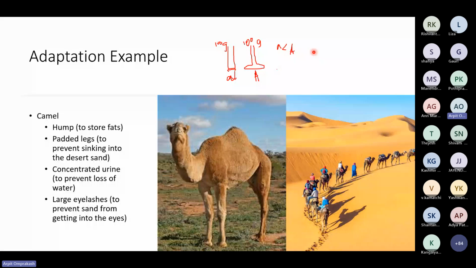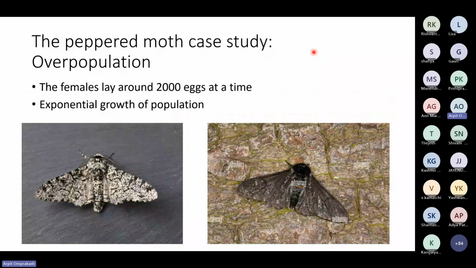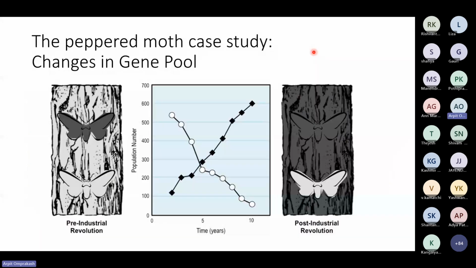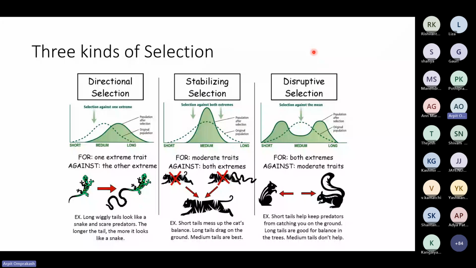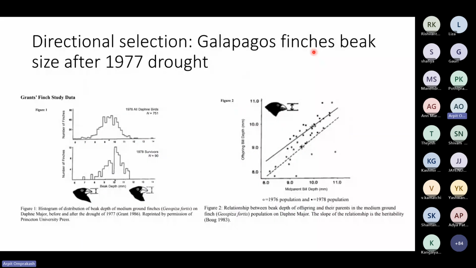We learned about a case study, the peppered moth case, how evolution occurs here, and how we can see changes in the gene pool, different kinds of selection: directional, stabilizing and disruptive. Examples of different kinds of selection.